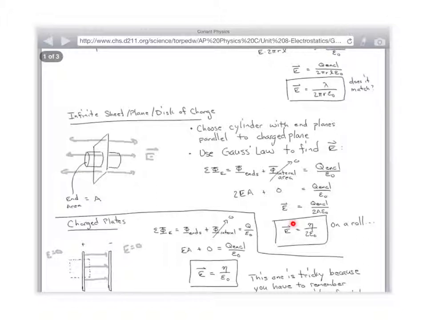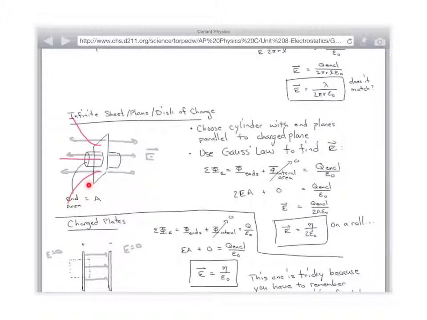You would not have been able to use Gauss's law simply, because you would have had to choose some Gaussian surface, because these lines would have bent out towards the edges, right? So you either have to choose a Gaussian surface that would have been perpendicular to all those field lines, so you didn't have to deal with the cosine theta, but then your electric field strength is changing.